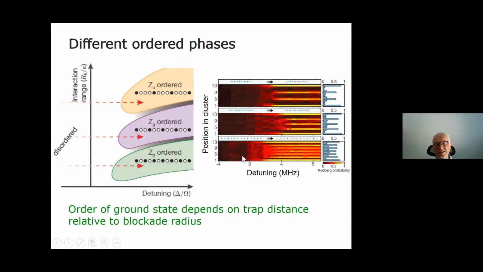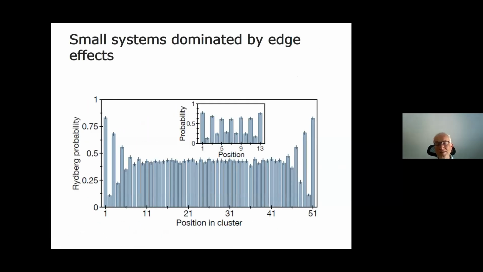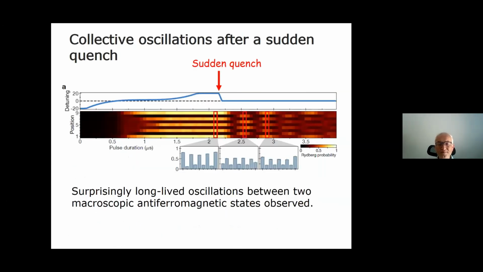The idea was to observe whether we expected thermalization in the system. So we develop the order, and then we quench the system suddenly by tuning onto atomic resonance. What we wanted to study is how the system evolves thermally. What is the thermalization time?